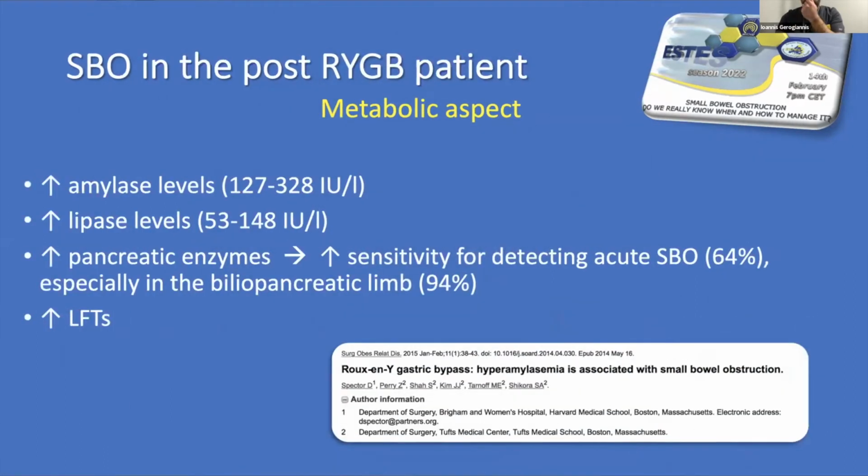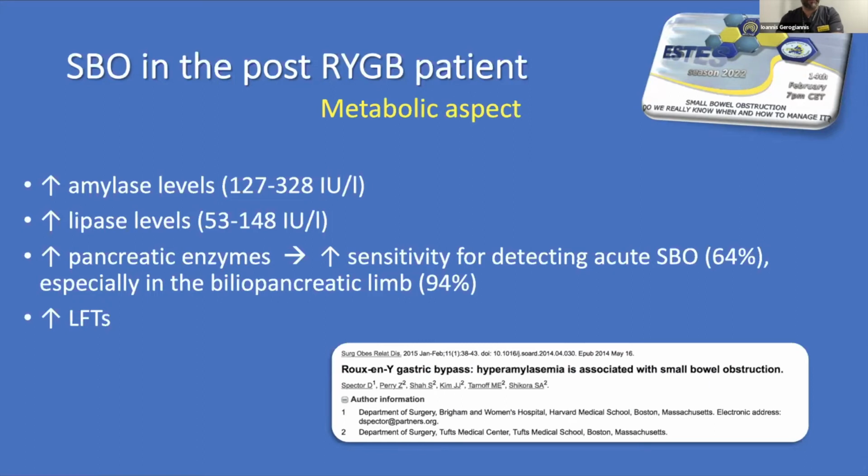From the metabolic aspect, it's quite interesting to see what was published in Surgery for Obesity and Related Diseases in 2015. You can see high amylase levels in patients with small bowel obstruction post-Roux-en-Y gastric bypass. Of course, it depends where the obstruction is: in the biliopancreatic limb, lower than that, or higher, like at the jejunal anastomosis.